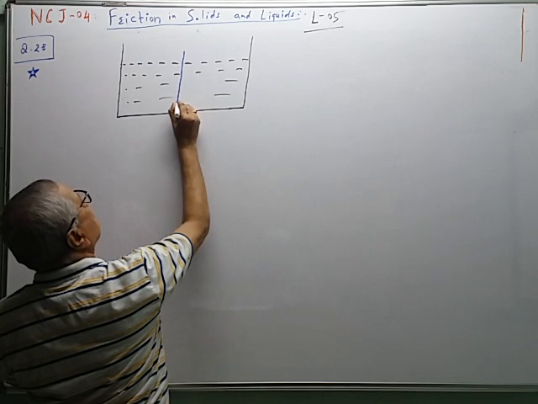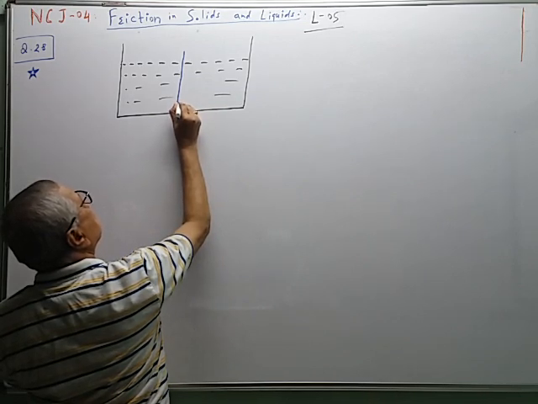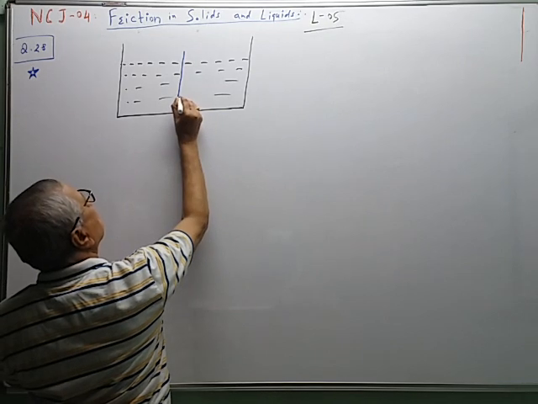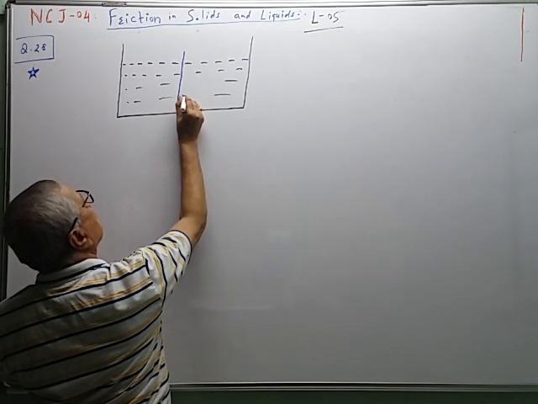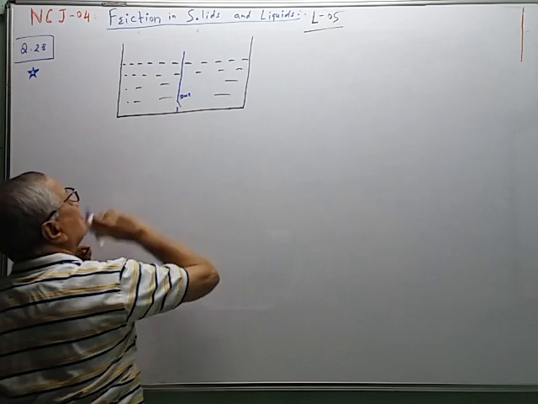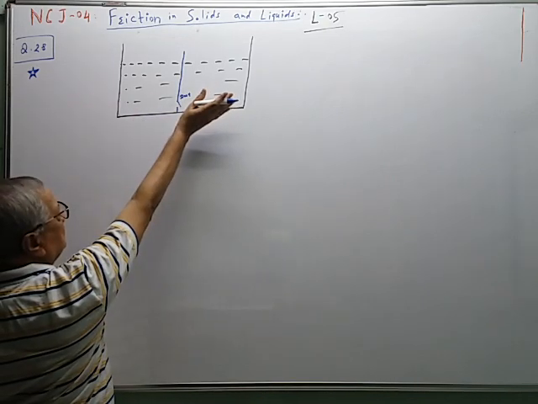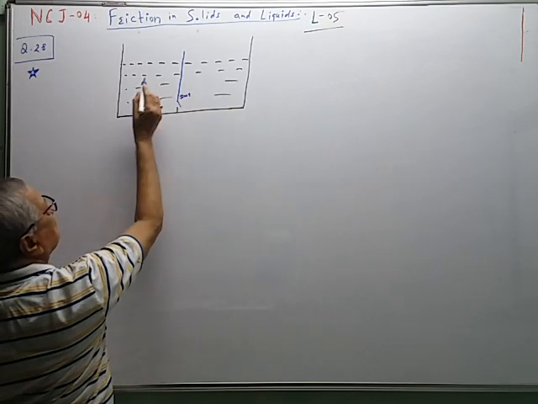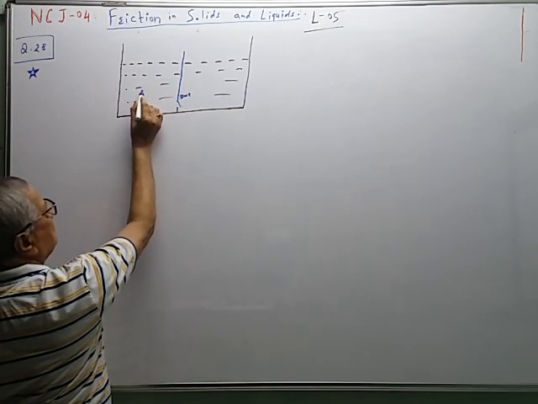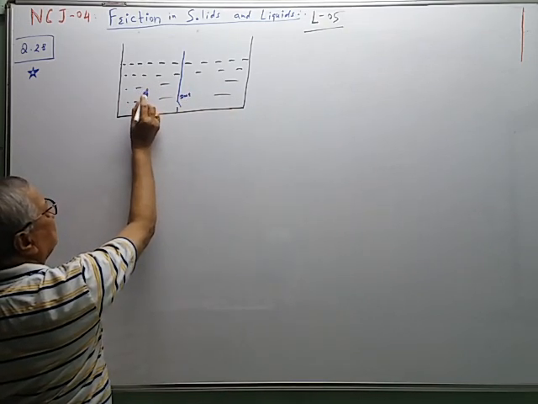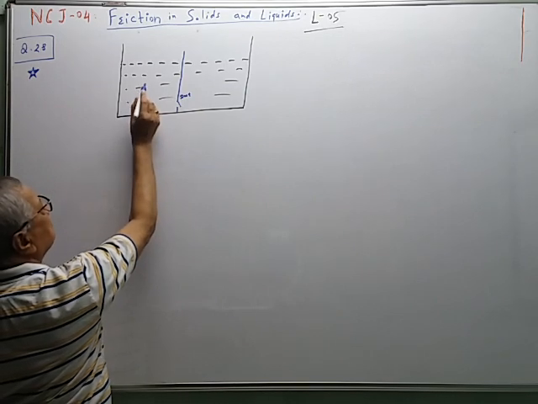D for door. This is the shutter. So if the door opens on this side, then this compartment has a liquid having higher density.